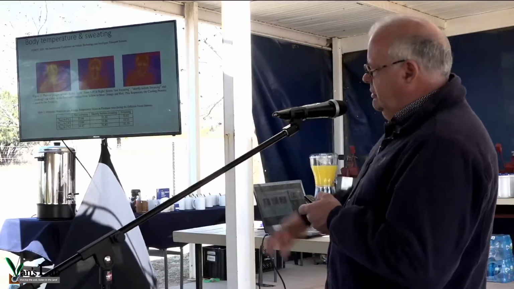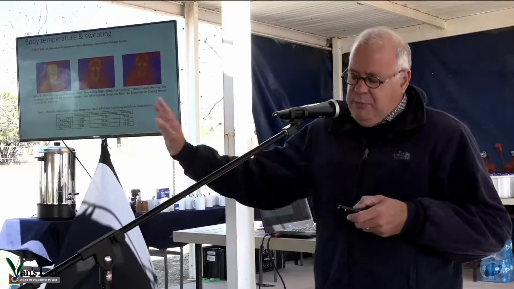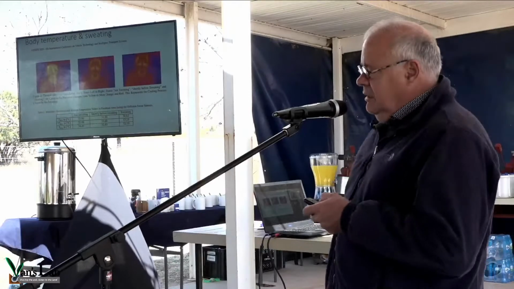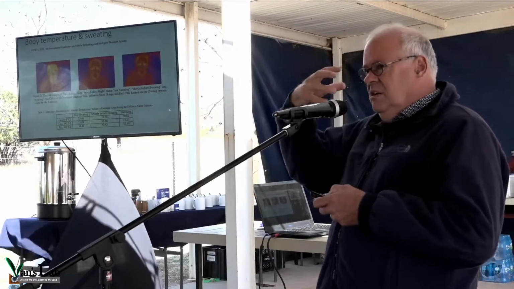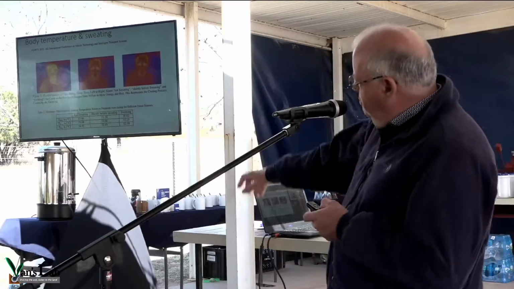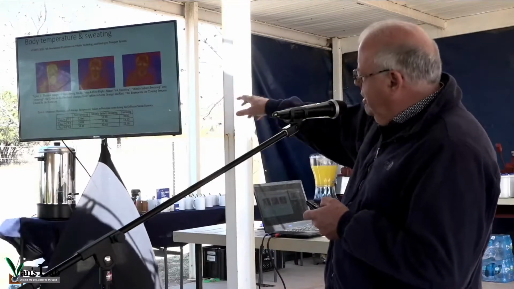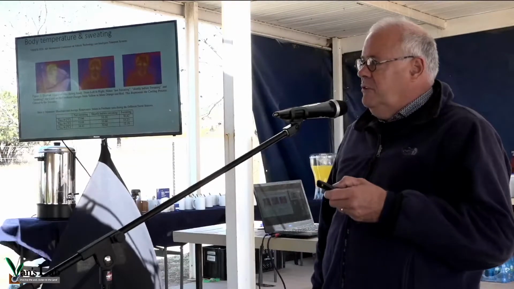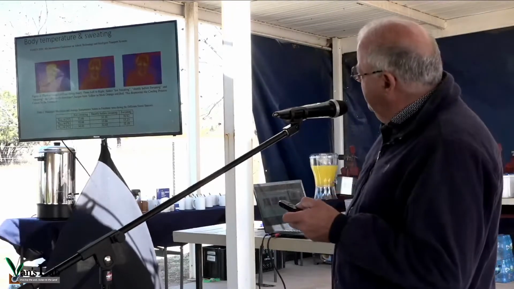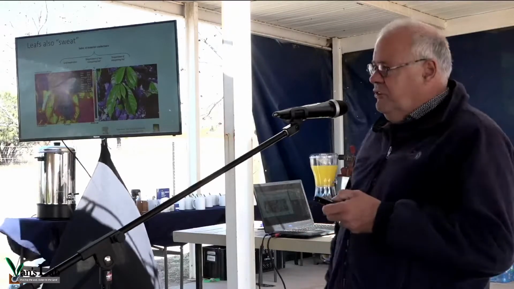I'm always explaining this to my students: what happens if you sweat? By sweating, your temperature goes down. So this is a person that's getting hot and starts sweating, and his temperature is going down by 2 or 3 degrees. So sweating is good, but leaves do the same.